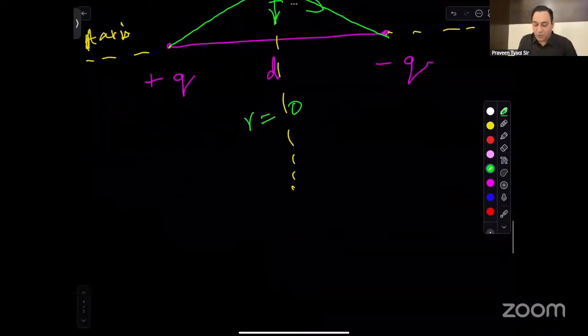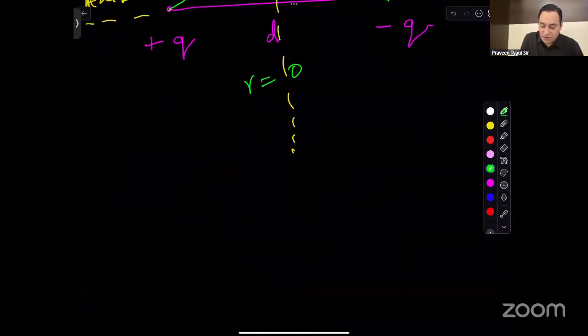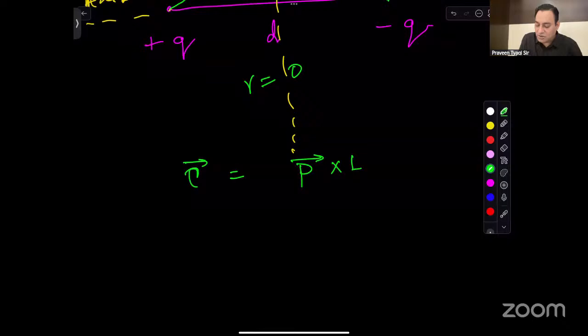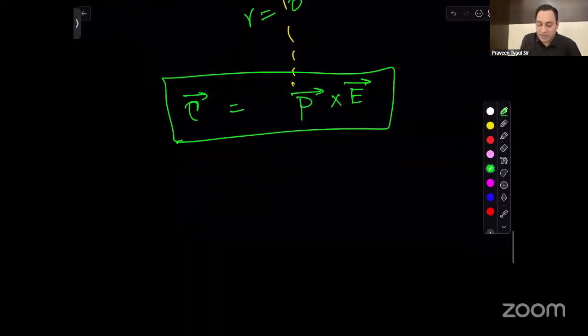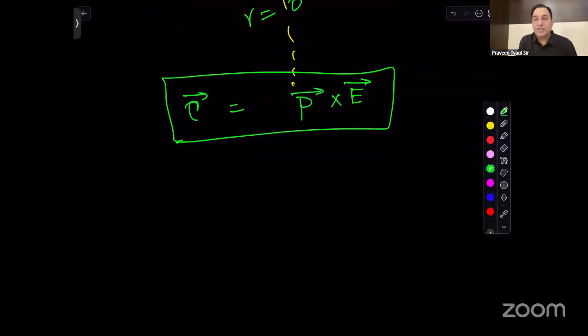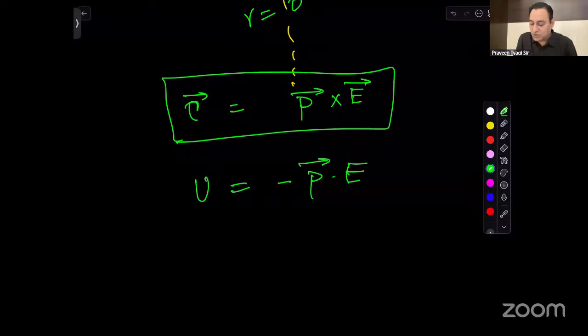And for dipole, we have the torque acting on a dipole placed in an electric field is P cross E. This is the torque. You have to remember these results. I'm quickly brushing up your electrostatics key things so that in capacitors, when we use all these key things, we are able to remember that. Now, and then you had the potential energy of a dipole placed in an electric field can be written as minus P dot E. These two results you should remember.